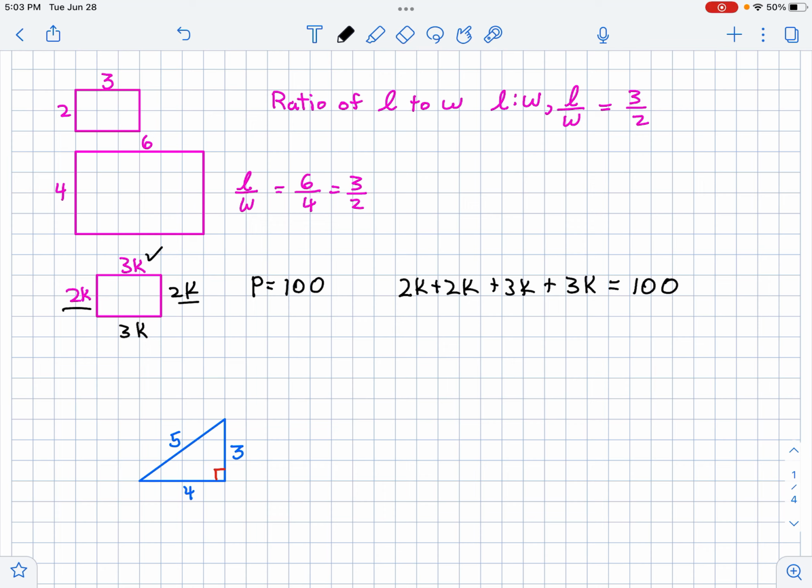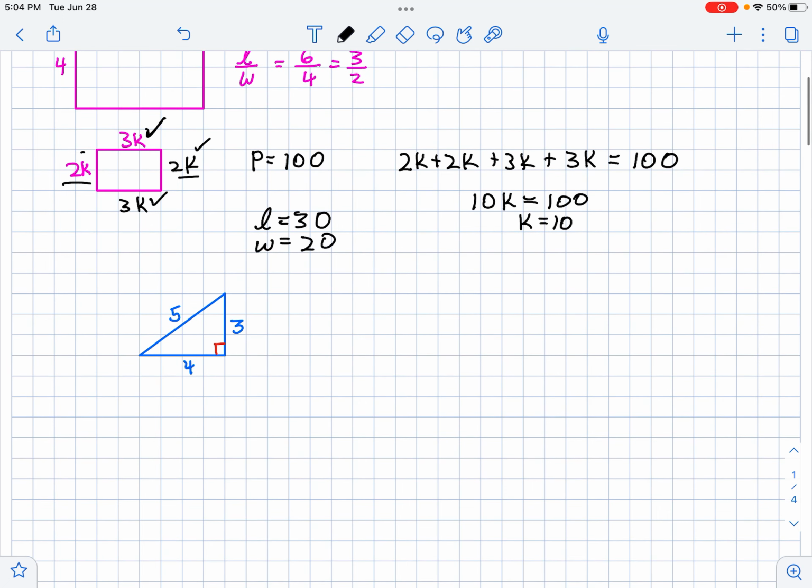So if I do that, I get 10K equals 100, and that means that K equals 10. So the length is 30, and the width is 20. Now let's see if that works out. 30 plus 30 is 60, plus 20 and 20 makes 40. So that makes 100. So that's how we can use the knowledge of what the ratio is to figure things out.